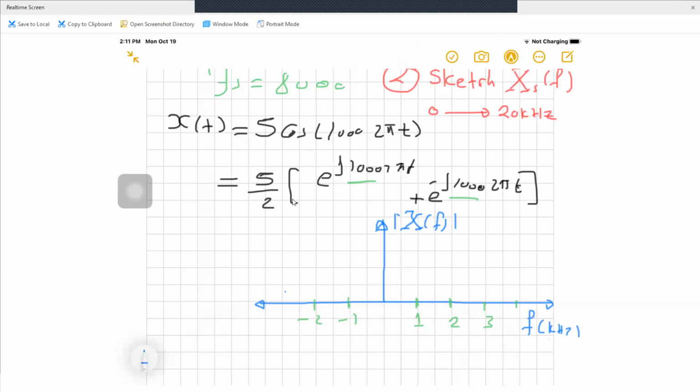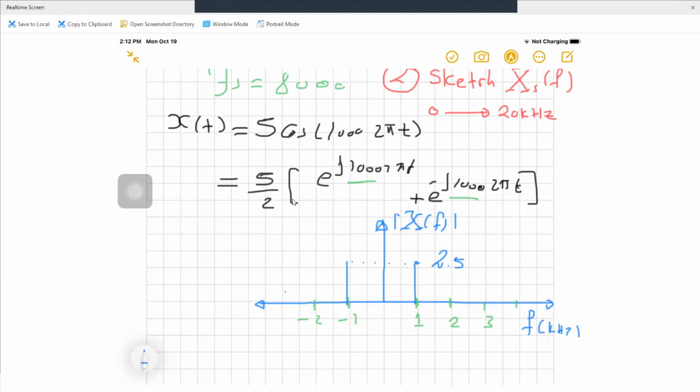Two components we have. One of them lies at 1, the other at -1. And their amplitude is 2.5. So this is the first one, and this one the second one, and the amplitude will be 5/2, which is 2.5 in amplitude. Is it clear for you?